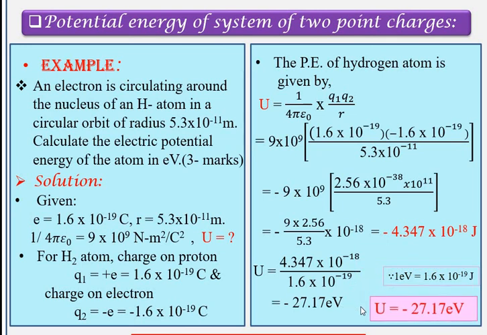So the required answer for this example is U, that is the potential energy of a hydrogen atom, is equal to minus 27.17 electron volt. Solve at least 5 examples of this type.